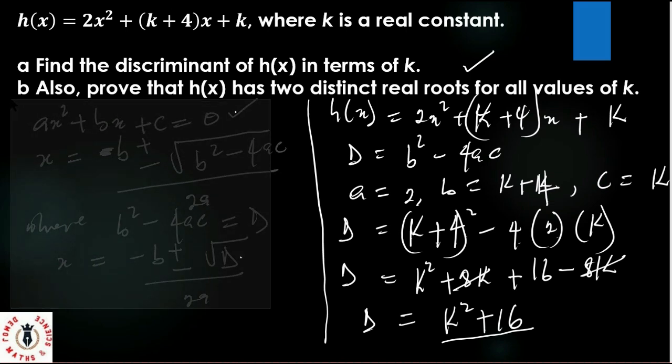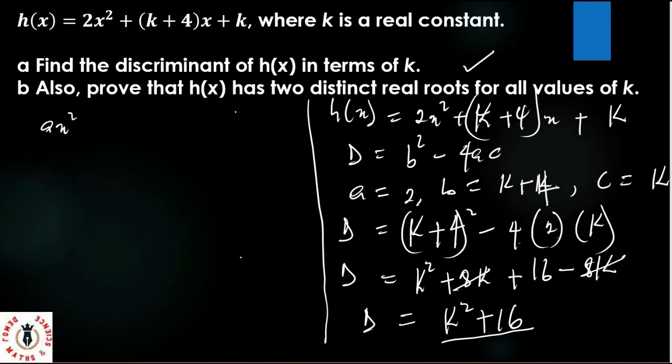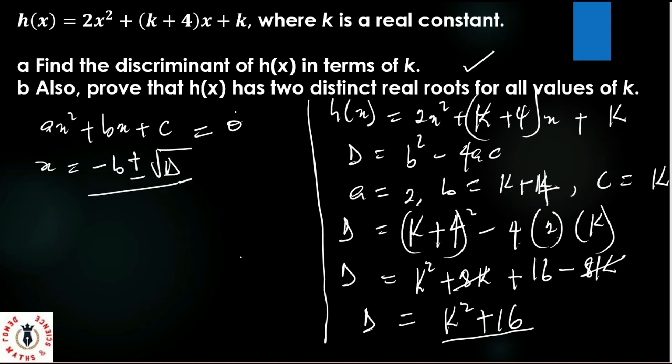Now remember that the equation ax squared plus bx plus c equals 0 is governed by x equals minus b plus or minus square root of d over 2a. Now, to show that this has two distinct real roots, we'll prove it for every value of k.